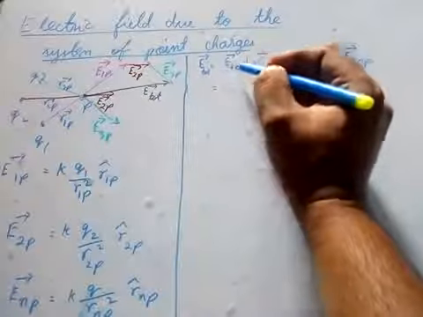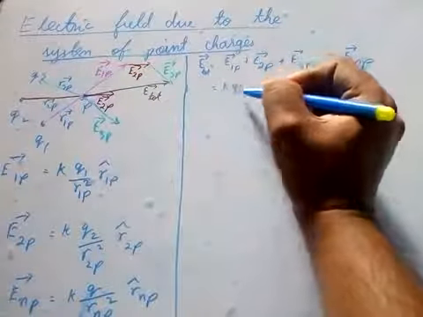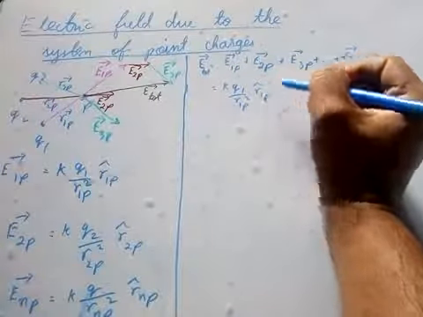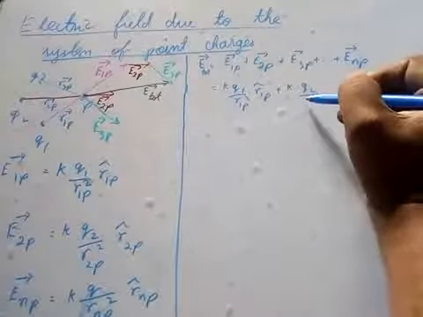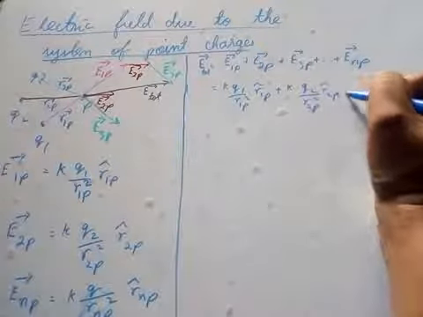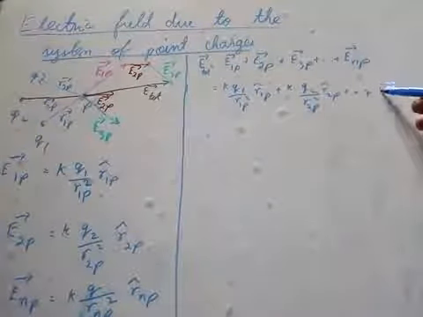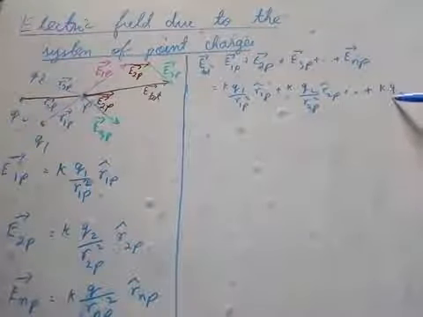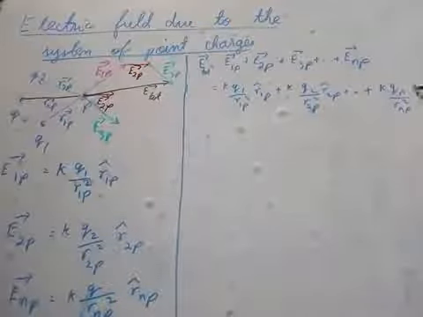The electric field due to the first charge on point P will be K into Q1 by R1P the whole square into R cap 1P, then plus K into Q2 by R2P the whole square into R cap 2P. We can skip the third one and go to the last one, plus the electric field due to the last charge, K into Qn by RnP the whole square into R cap nP.